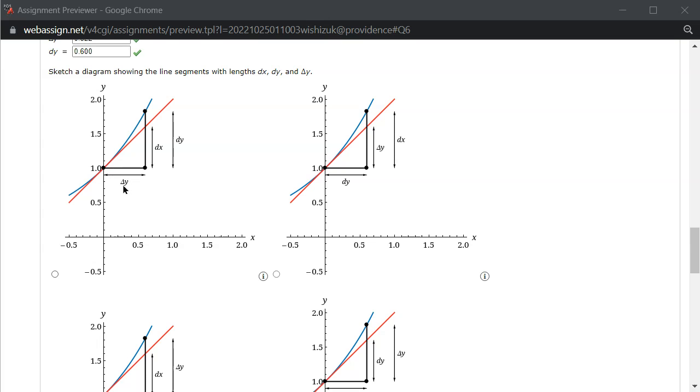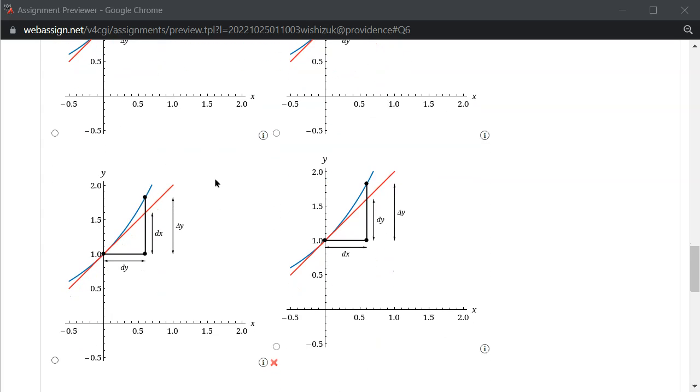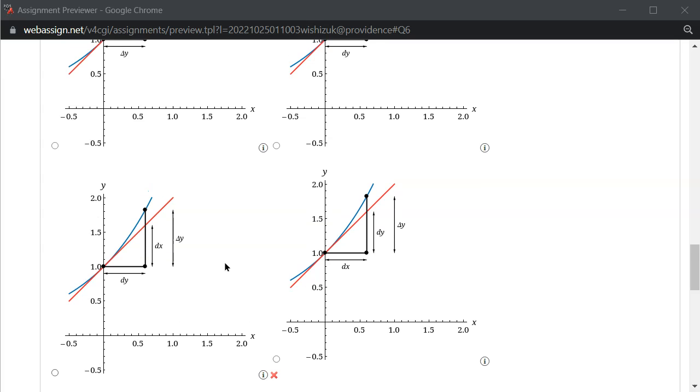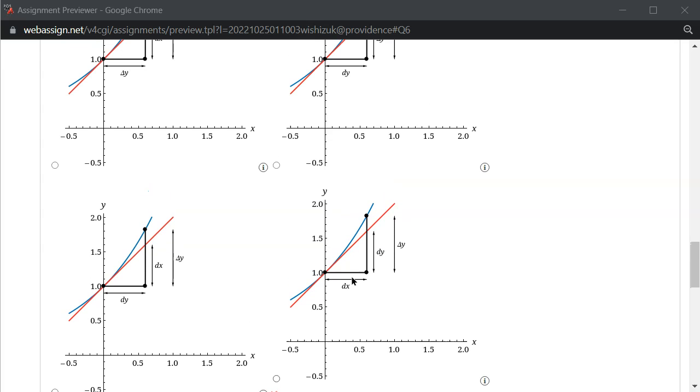A horizontal difference couldn't be dy, so you can eliminate the first one. Same thing, the horizontal one is labeled as dy, so you can eliminate the second one. The third one, same thing. It's dy used for a horizontal one. So this is probably the only reasonable one.